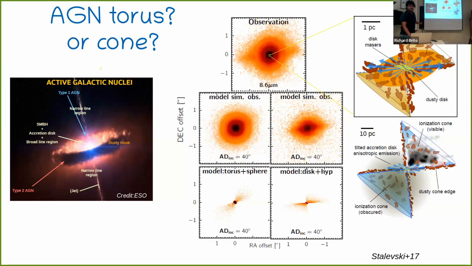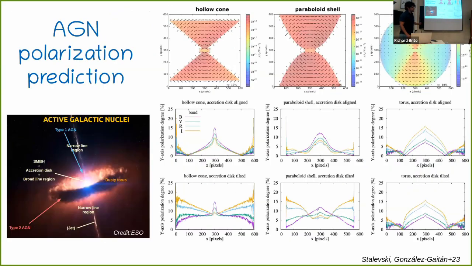And what can polarimetry tell us about that? You can also model with radiative transfer simulations what the polarization would look like for different structures. Here's a hollow cone, a paraboloid shell; this is a hyperbolic cone, a paraboloid shell, and the usual torus. What you see here, these lines, are the polarization predictions.